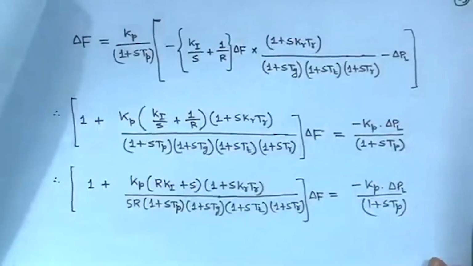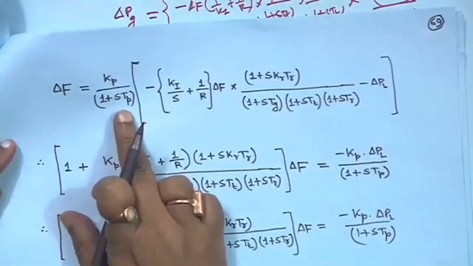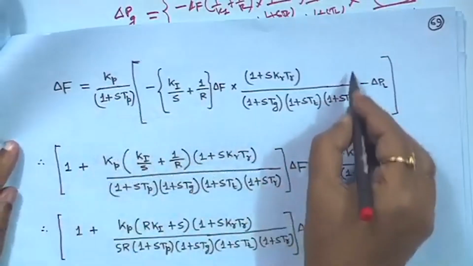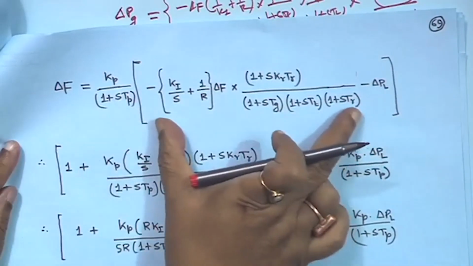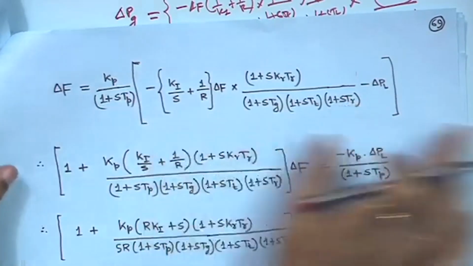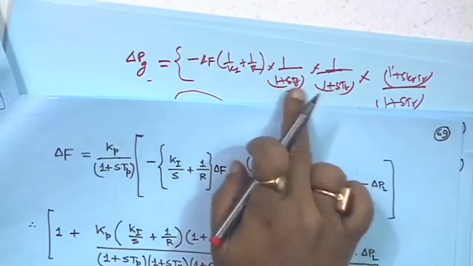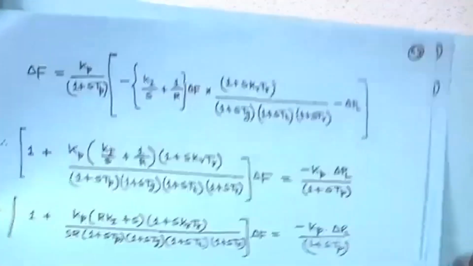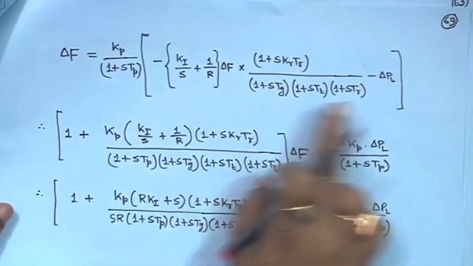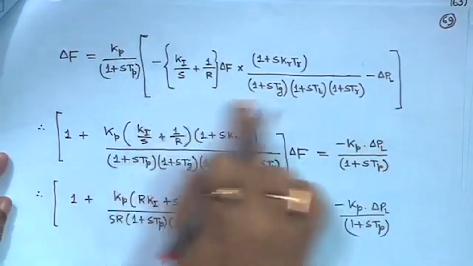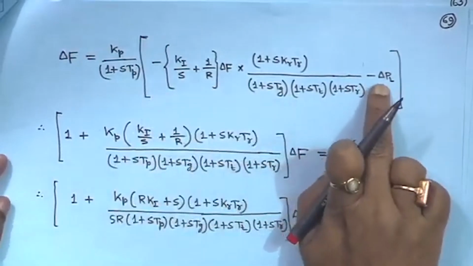So, if you do so, K P upon 1 plus S T P, this whole term is delta P G. Just now we have written that this term is delta P G. So, all these terms are written here, minus delta P L.